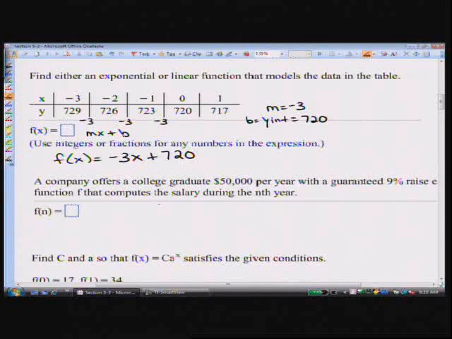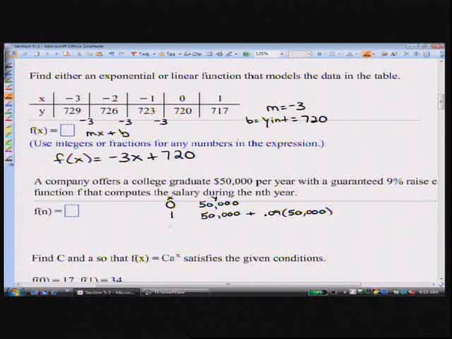So in year 1, when x is 0, you have just 50,000 is how much you make. In year 0, okay, and then after the first year, year 1, you're going to make 50,000 plus 9% of 50,000.